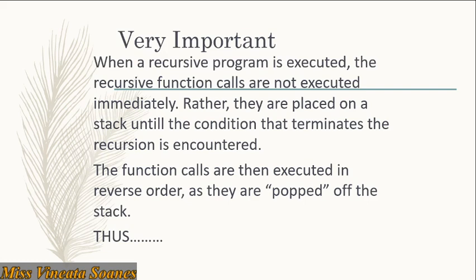When a recursive program is executed, the recursive function calls are not executed immediately, right? So when that 5 came, 4 came, it was not executed; rather they are placed on a stack until the condition that terminates the recursion is encountered. So the function calls are then executed in reverse order as they are popped off the stack.